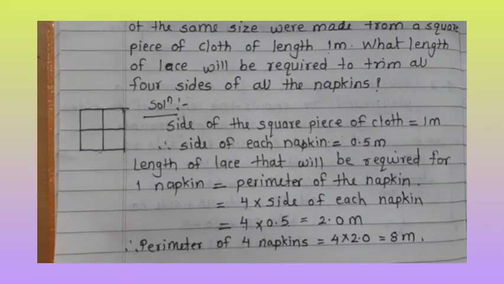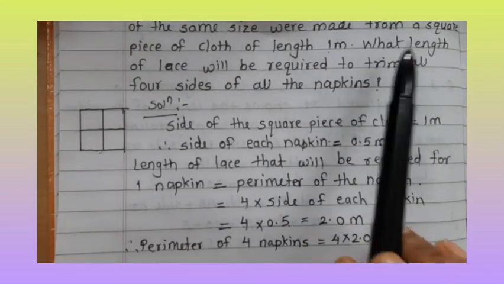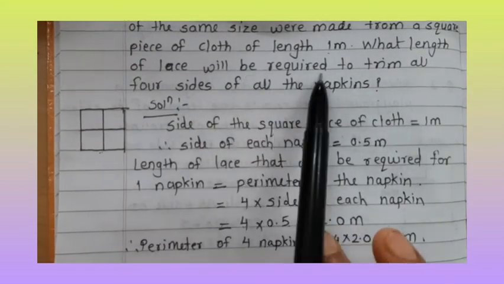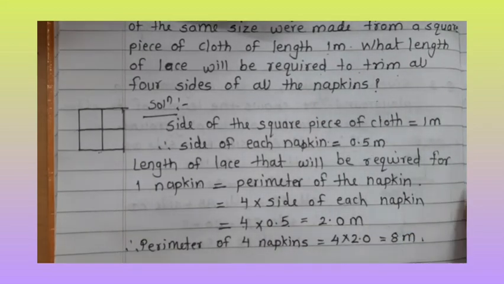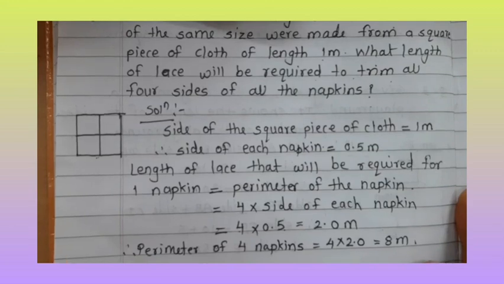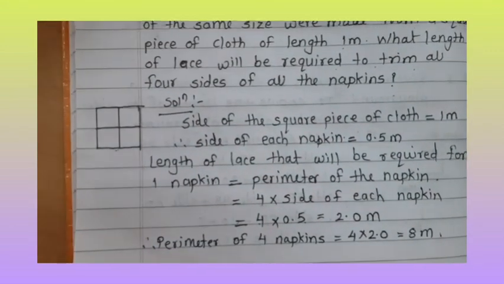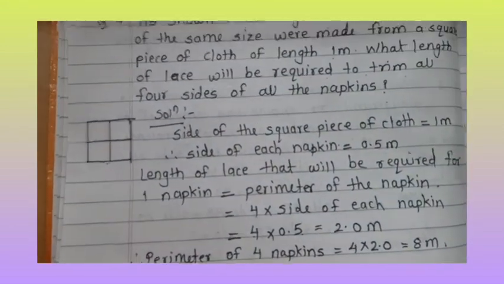Okay, so what the answer they asked? They asked the answer what length of lace will be required to trim all 4 sides of all the napkins. So how much length? So here 8 meter long.